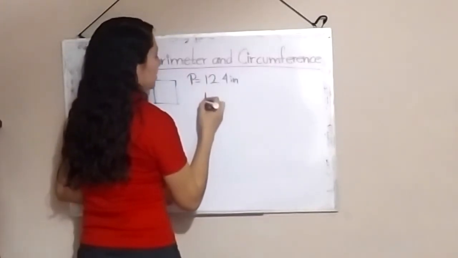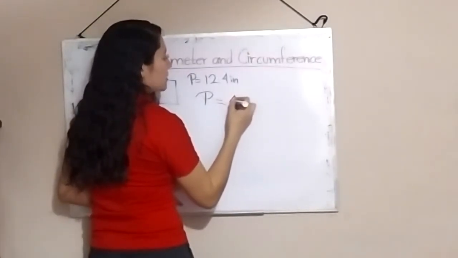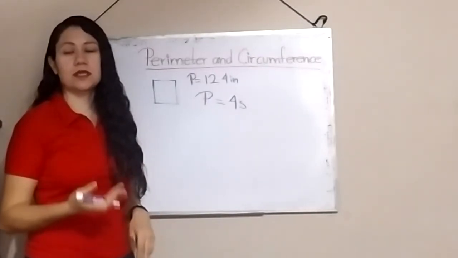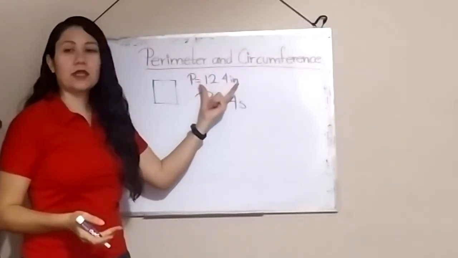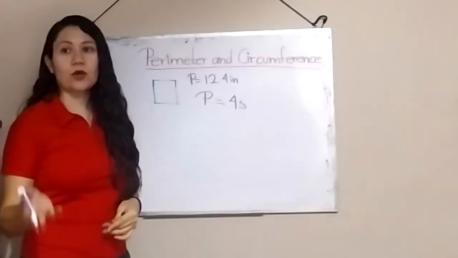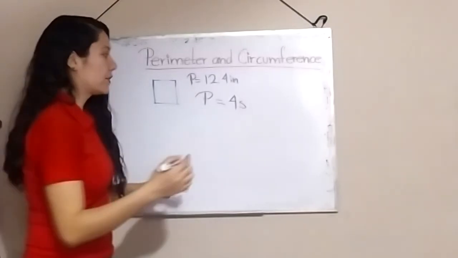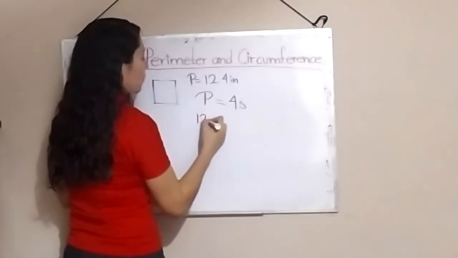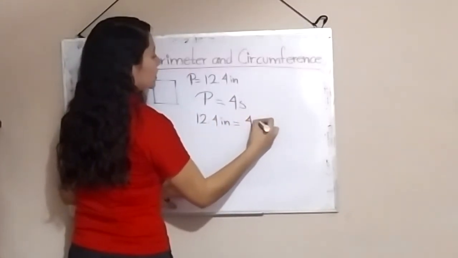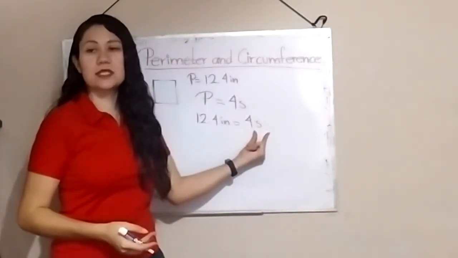The formula says that the perimeter of a square is equal to 4 times the sides. We have the perimeter, but we don't have the sides. What are we going to do? We are going to substitute in the formula the data that we have. We have 12.4 inches is equal to 4 times the sides. Now we want to know the measurement of the sides.